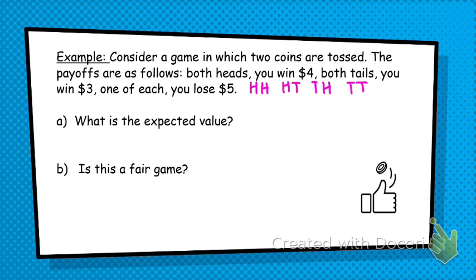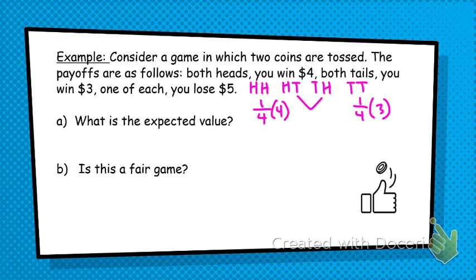If I land on both heads, that's 1 out of 4 possibilities that I have, and I get $4. If I land on both tails, that's also 1 out of 4 scenarios, and if I land on that, I get $3.